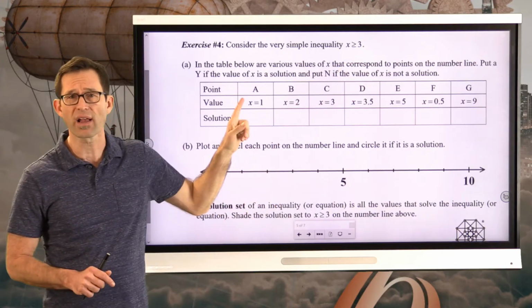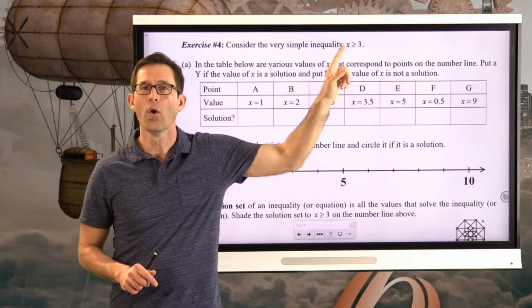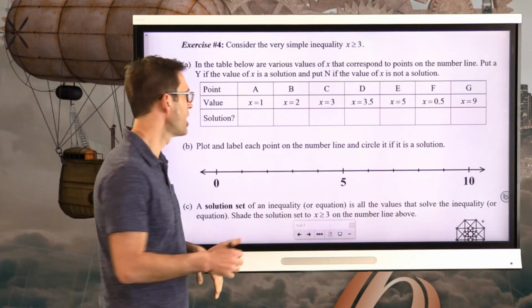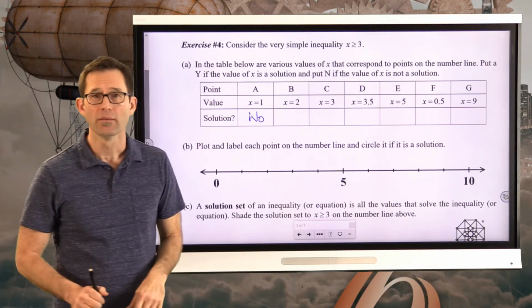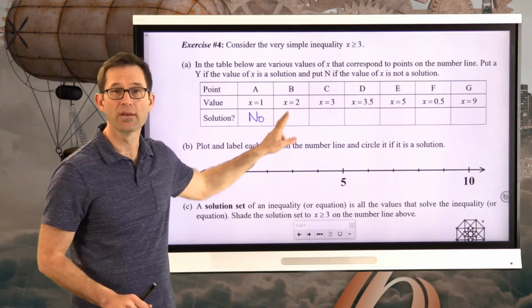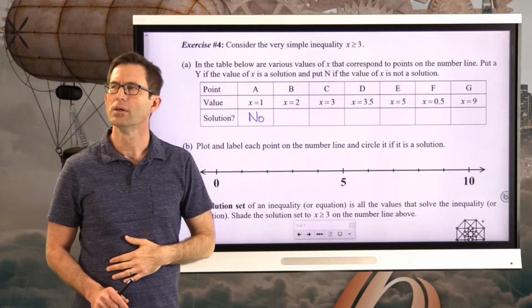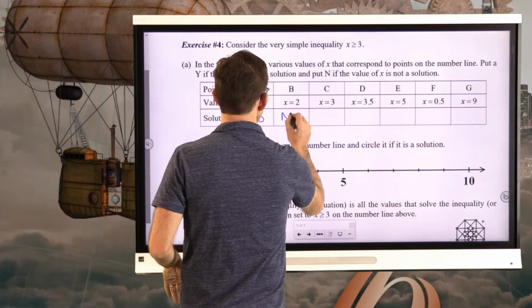So for instance, if x was 1 and I put it in here, is 1 greater than or equal to 3? No, that's not a solution. If I took x equals 2 and substituted it into the inequality, is 2 greater than or equal to 3? No, 2 is definitely not greater than and certainly not equal to 3.